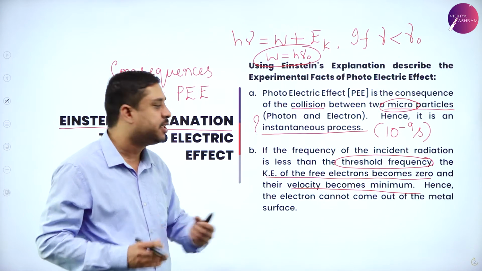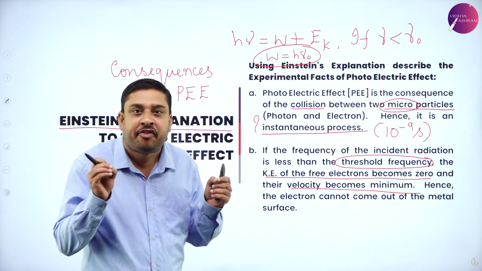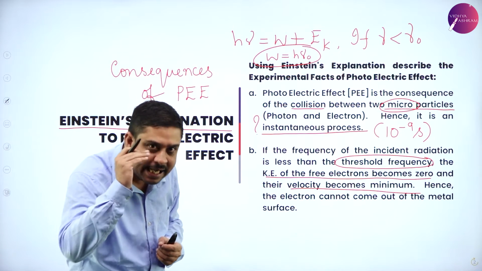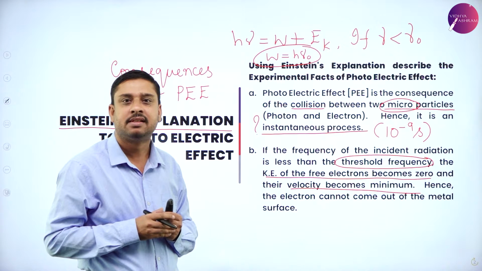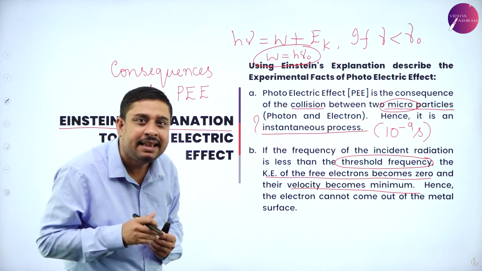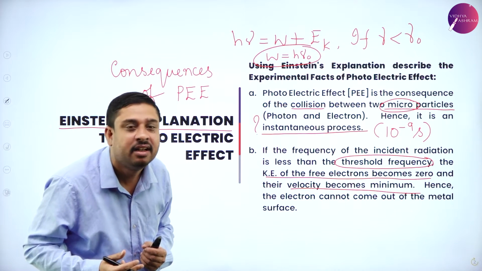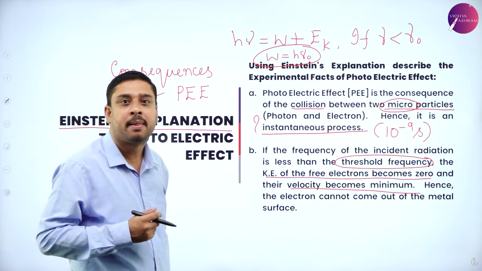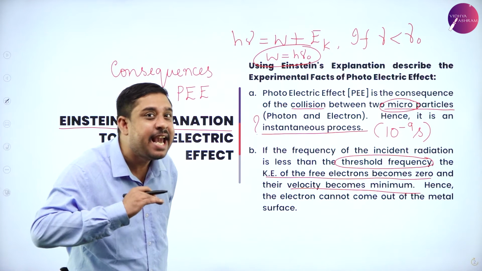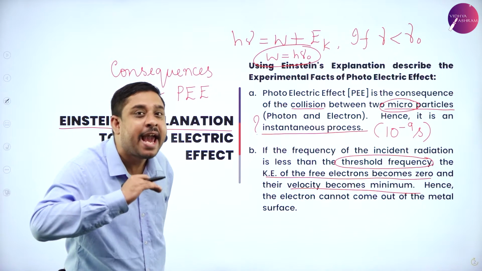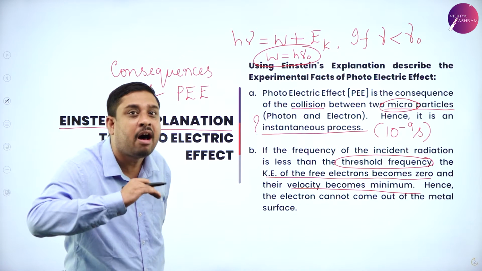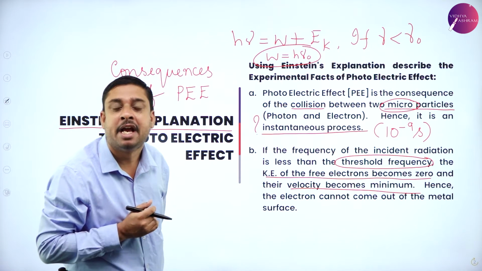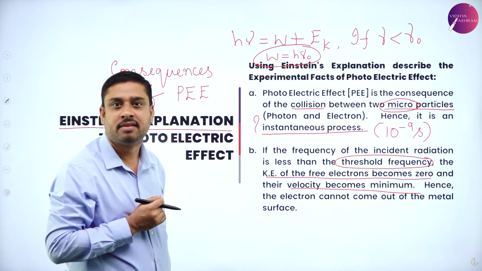Again I repeat, if the frequency of the incident radiation is less than the threshold, if nu is less than nu naught, that radiation fails to impart sufficient kinetic energy to the free electron.